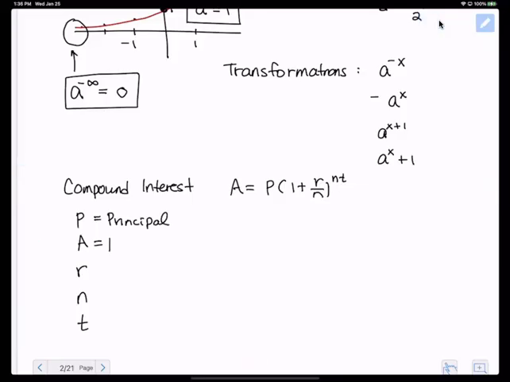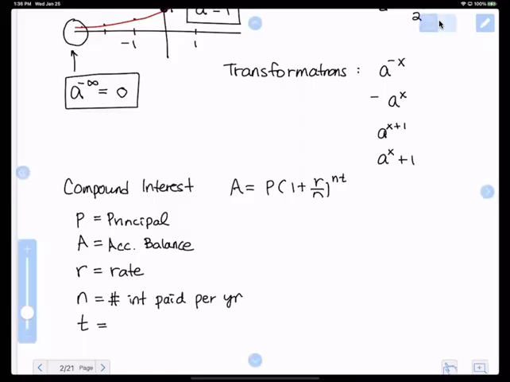A is the accumulated balance, the account balance. r is the rate. n is the number of interest payments per year. And t is the number of years we invest the money or deposit it.